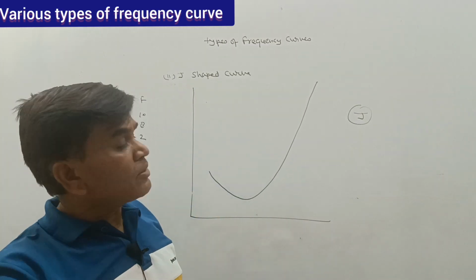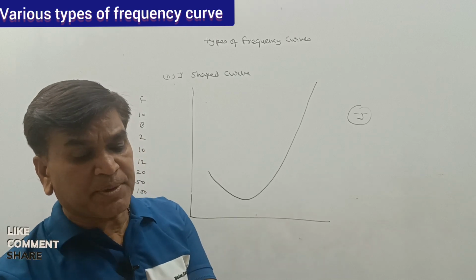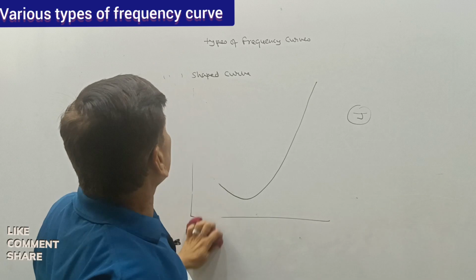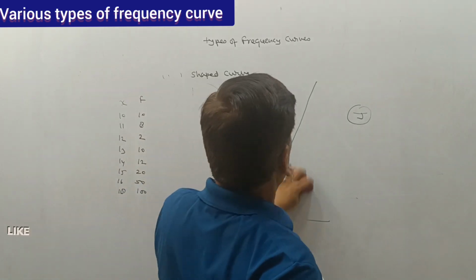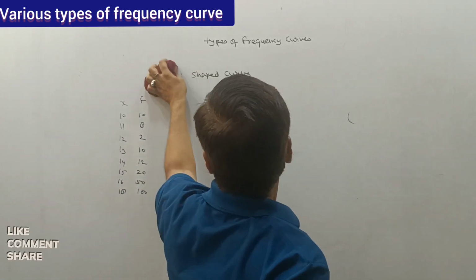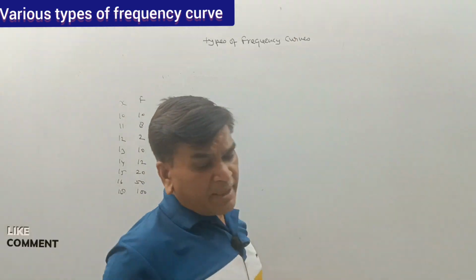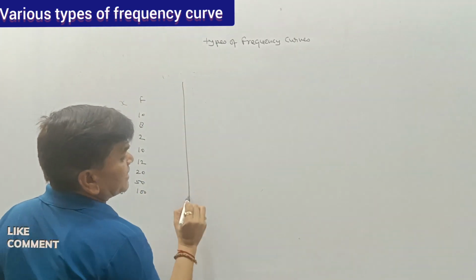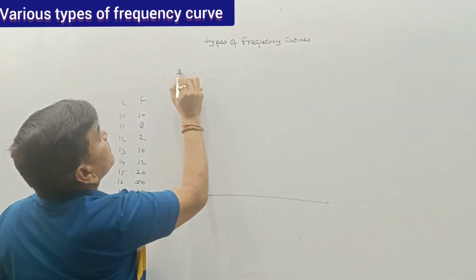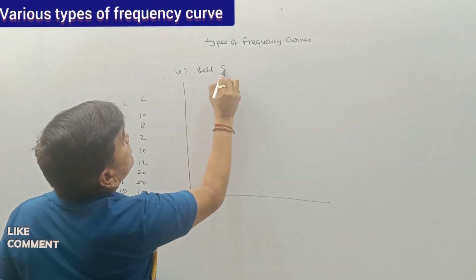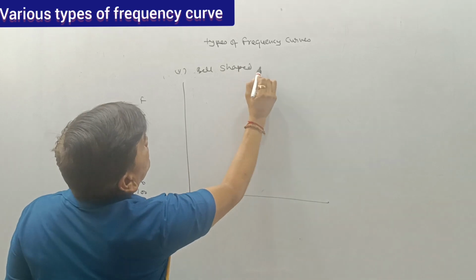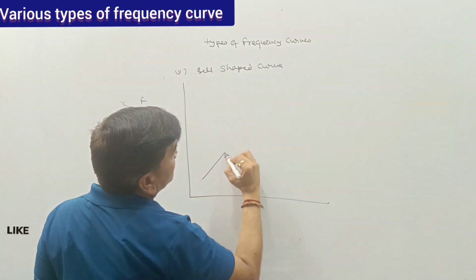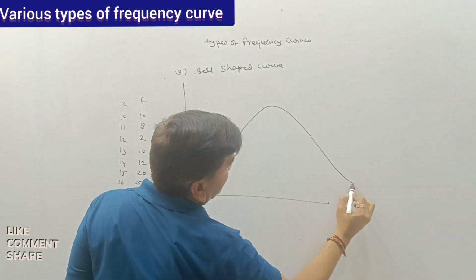So we have so many types of frequency curve. Already we have discussed three or four types. Generally our frequency first increases and then decreases. So that is called a bell-shaped curve. If you go to a temple, you will see a bell. So first the frequency increases, then the frequency decreases.